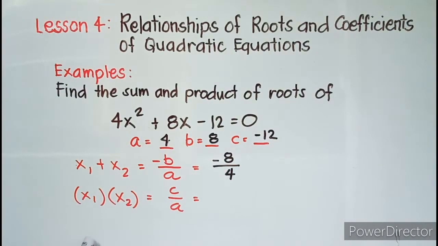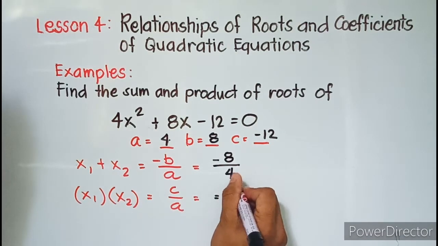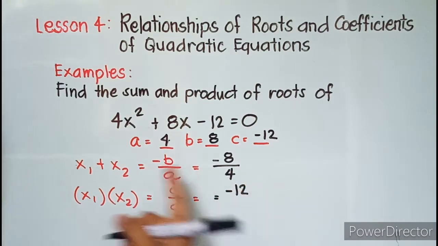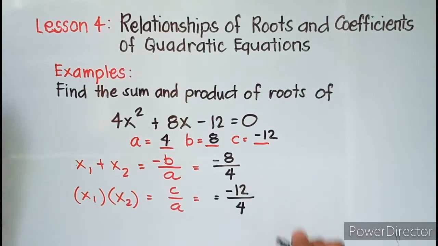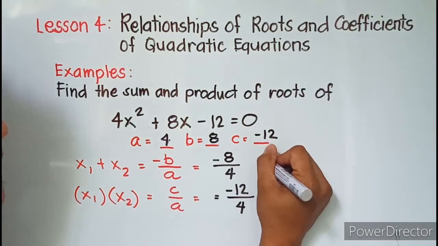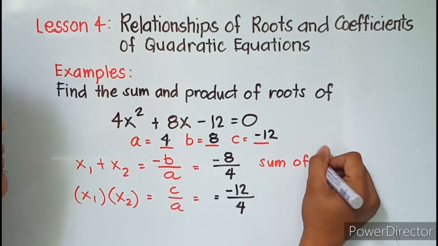Then for our product, we substitute c, which is negative 12, all over a, which is 4. So therefore, our sum is negative 8 over 4. So this is sum of roots.